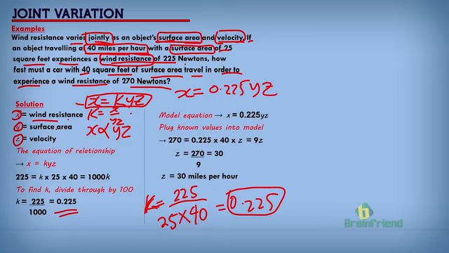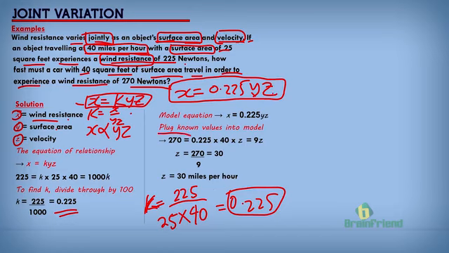So basically we have a model equation, okay? A model equation helps us to quickly get our unknown, because all we need to do at this point is to impute values of the known, and then we can easily find the unknown. So here's our model equation.